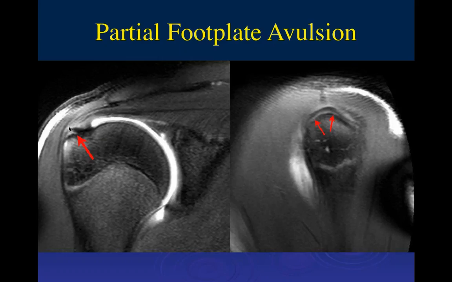I think these are important, and these are typically only seen in young people. In older individuals, the weak point is not at the bone-tendon interface; it's really in the tendon itself, but in young people, the tendon is really strong. I think it's important to call the referring physician on these, and the treatment really is one of rest.